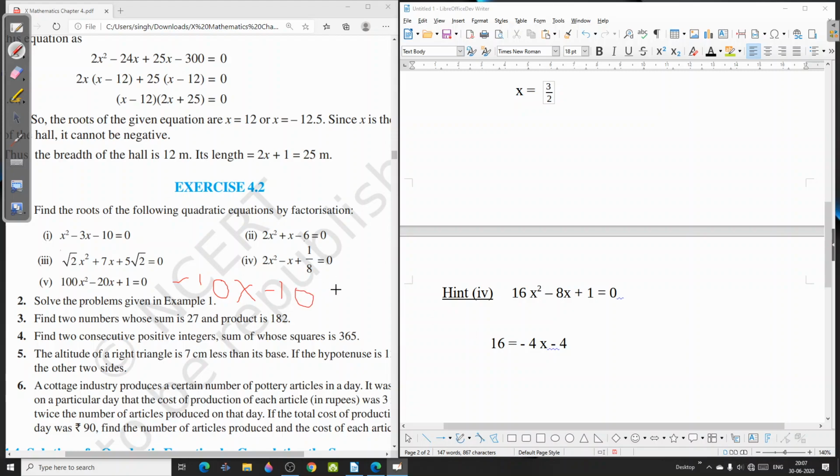This will be the hint. You can see that minus 10 into minus 10 is 100, and adding minus 10 and minus 10, we get minus 20. So, you will write the middle term as minus 10x minus 10x. So, this is how you can do all the parts of question number 1.